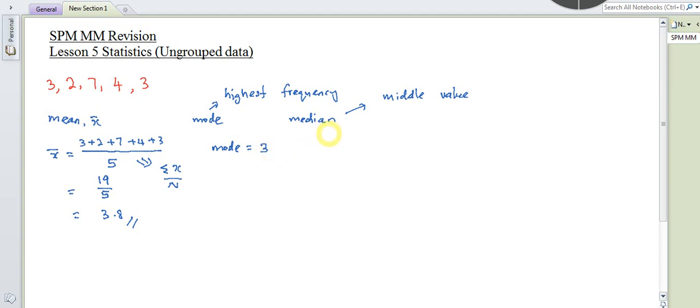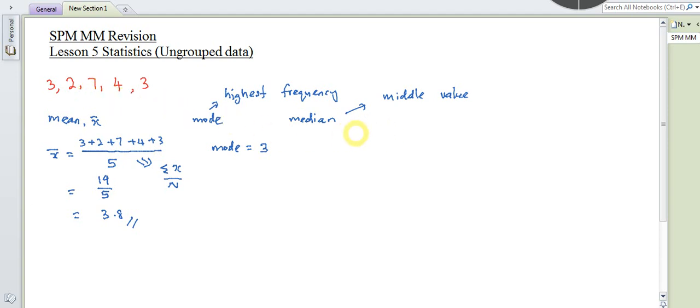Okay, so when you want to find a median, you have to be extra careful. Median is the middle value, but before you determine the middle value, you have to rearrange all the data in ascending or descending order. For example, in this case, we need to rearrange the data.